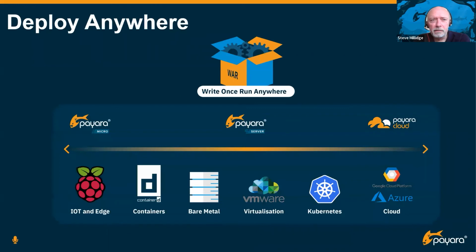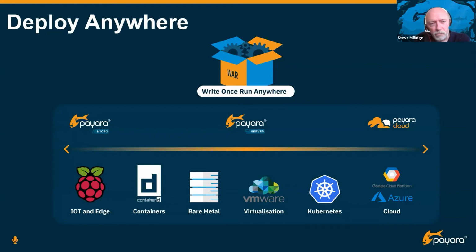So what we want you to be able to do is basically take a Jakarta application and not worry too much about the compute that you're running it on or the things that you need to integrate it with. Our vision is that you write a WAR file and then you can deploy it on anything from a very small device right up to a hybrid cloud environment, potentially across different cloud infrastructure and different cloud availability zones.